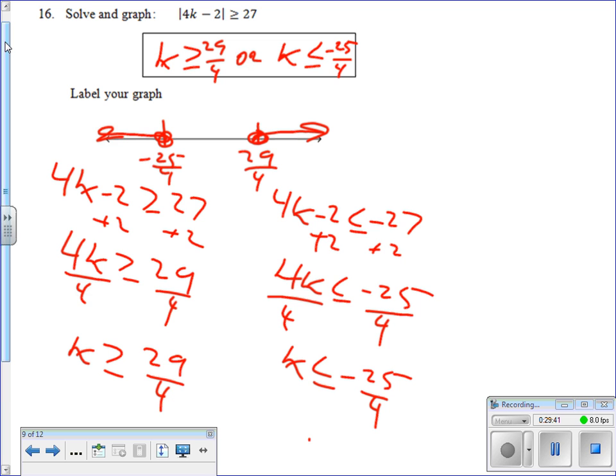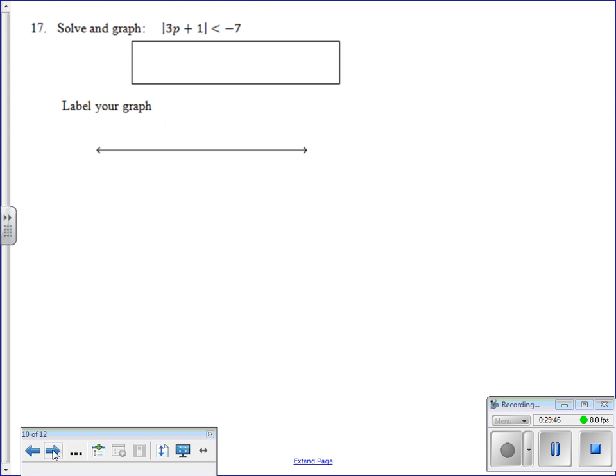Okay. Question? Same idea. 3p plus 1 is less than negative 7, or 3p plus 1 is greater than 7.